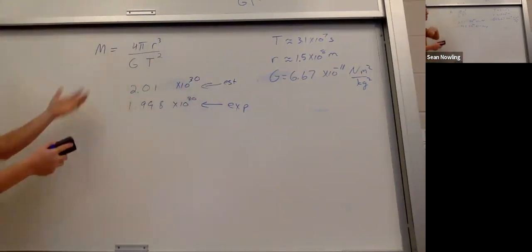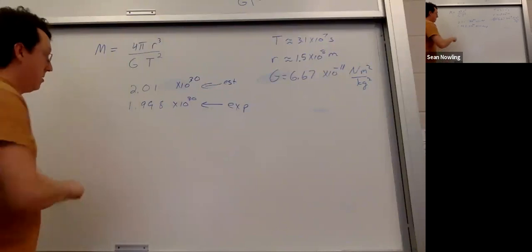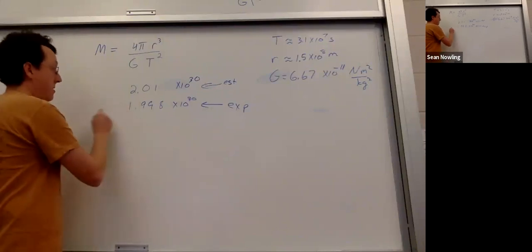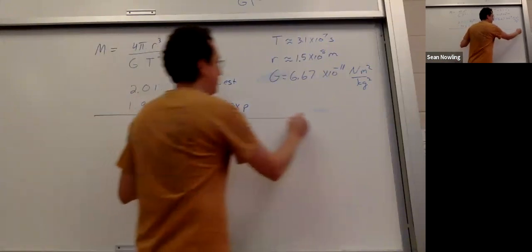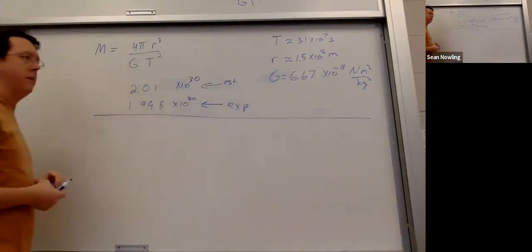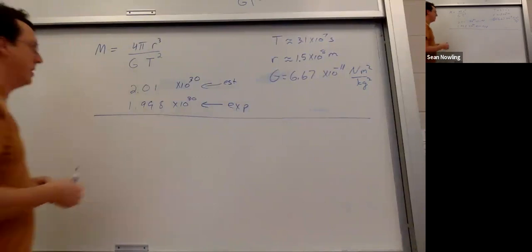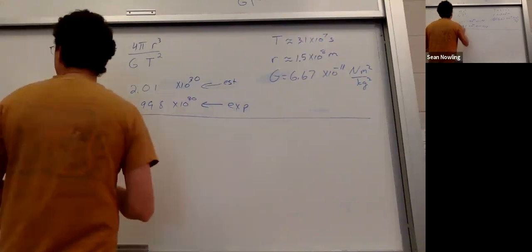So I really want to do the same exact thing now for the Earth, to find the mass of the Earth. The actual number is 5.97. We're going to use the orbit of the moon around the Earth to estimate what number we should get.